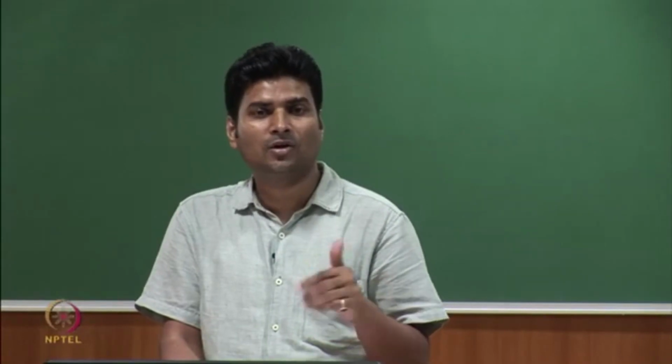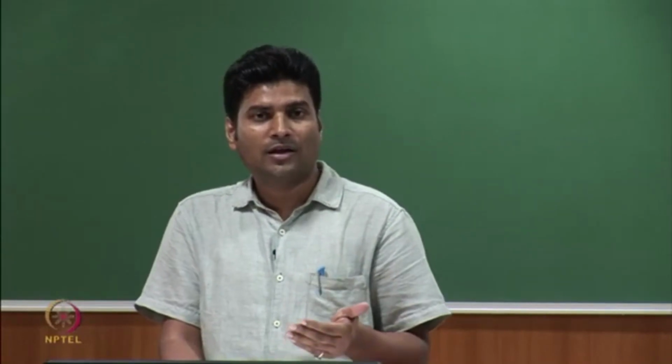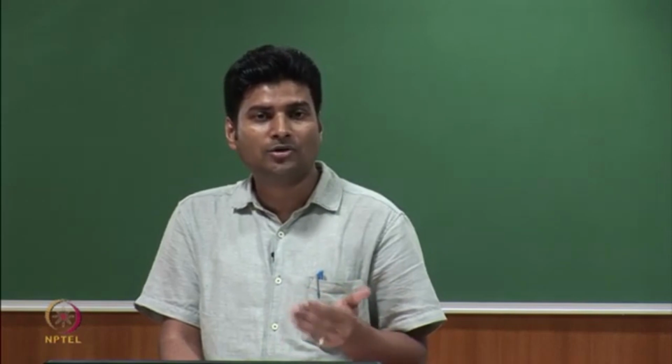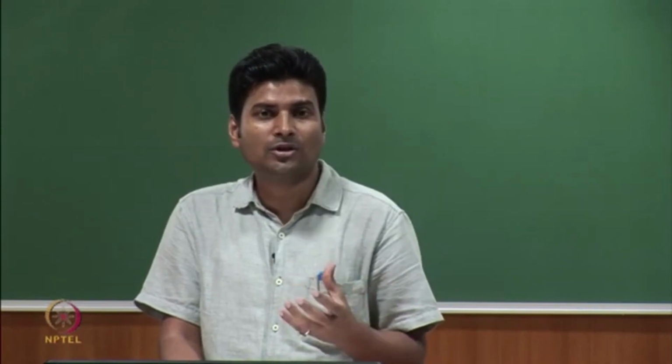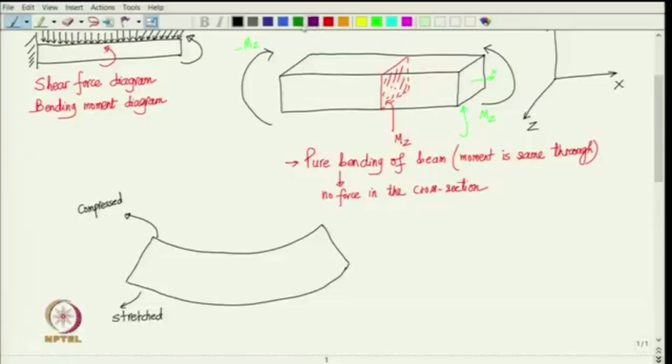So, there will be a line which will neither get stretched nor get compressed, and that line is called neutral line, because it is neutral to bending. Okay. So, we can draw that. So, we call this neutral line.